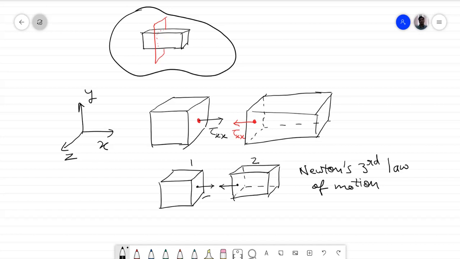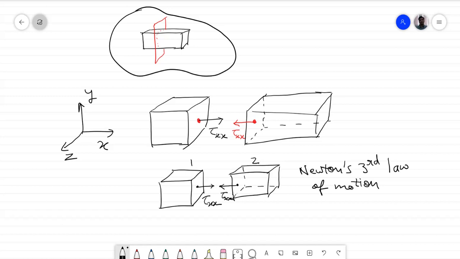Therefore, if this is tau xx, this also has to be tau xx. So that's the explanation for this. Therefore, at a particular point, you don't need to consider both positive and negative faces, which are in the same plane. You can just consider only positive or only negative faces. So that will be the complete description of stress.